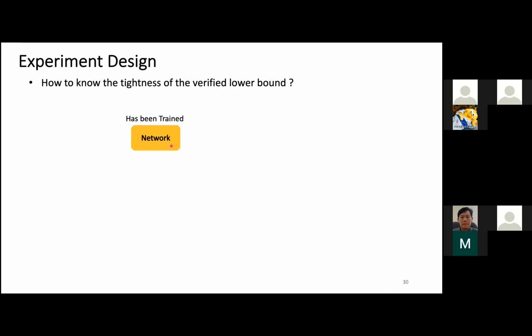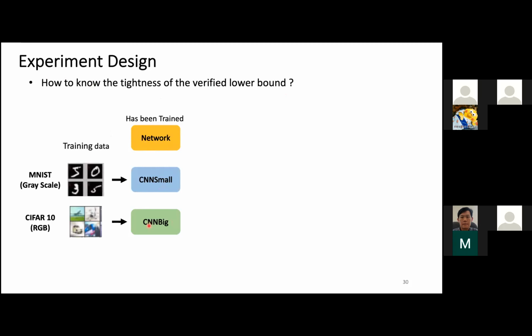We have networks which have been trained, and in our experiment, we train two networks: one is the CNN small and another is the CNN big, and we train them with different training data. In CNN small, we use MNIST, and in CNN big, we use CIFAR-10. Then when we train the models to high accuracy, we use some attack schemes like FGSM and PGD to attack these two networks.